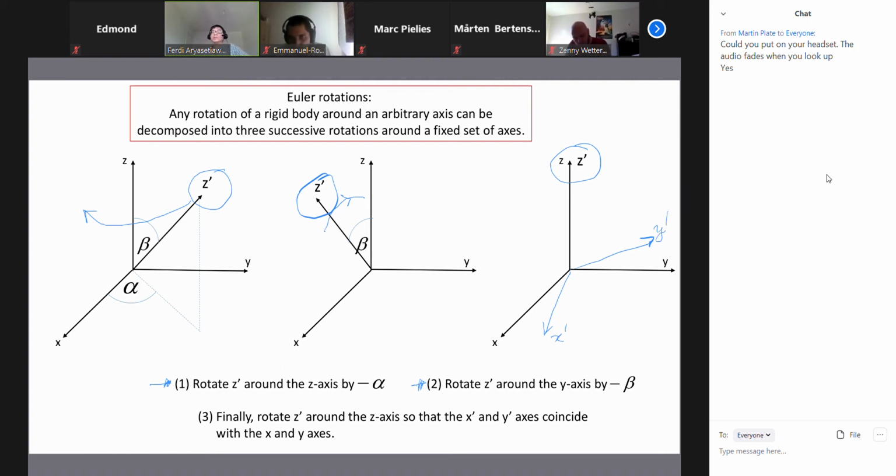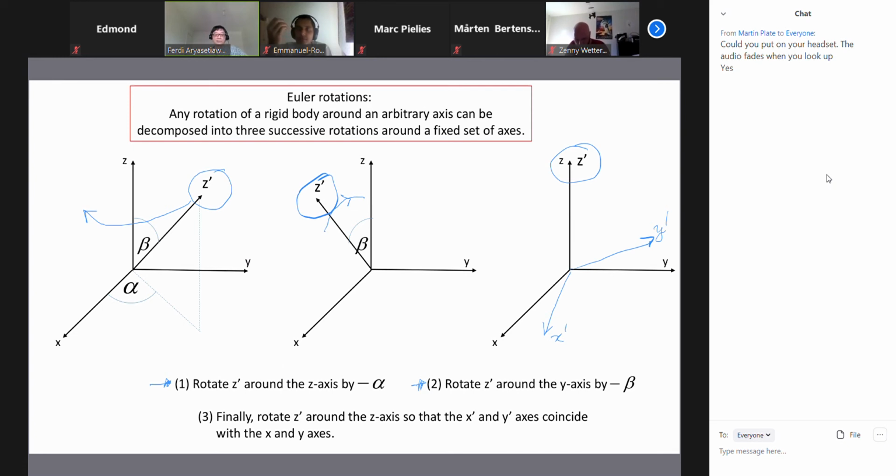Yes, it has to be, because the z prime is perpendicular to the x prime and y prime axes. So then all we have to do is make another rotation, the final rotation around the z axis by some angle, so that the x prime and y prime coincide with the x and y. So that's the proof. We have three steps.